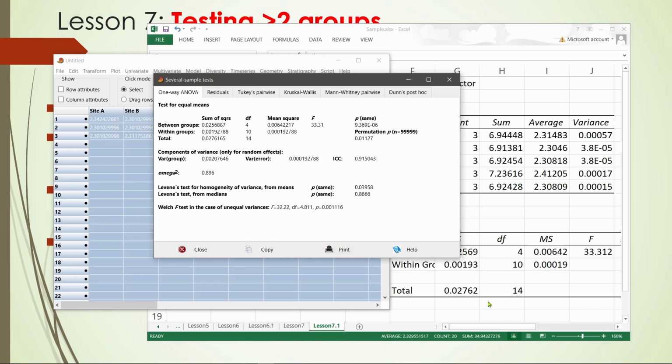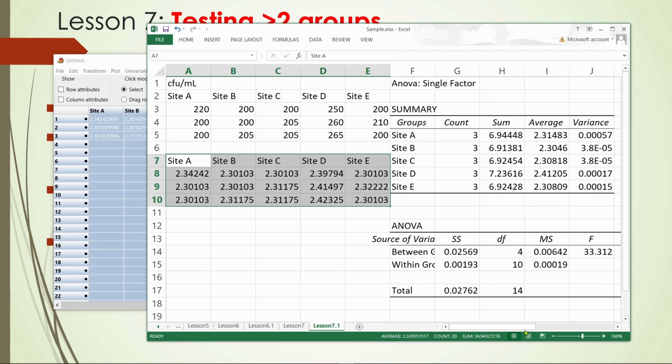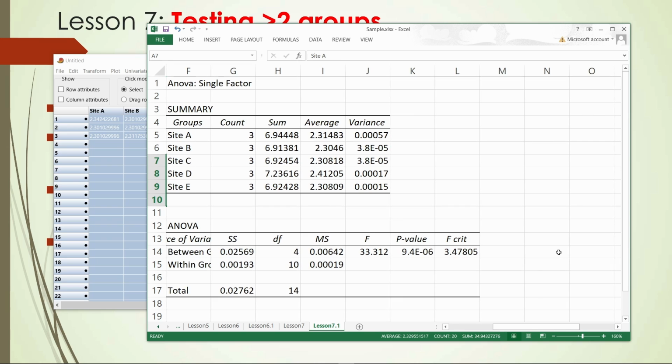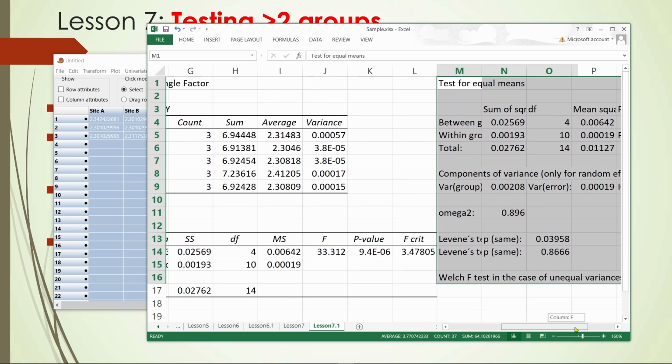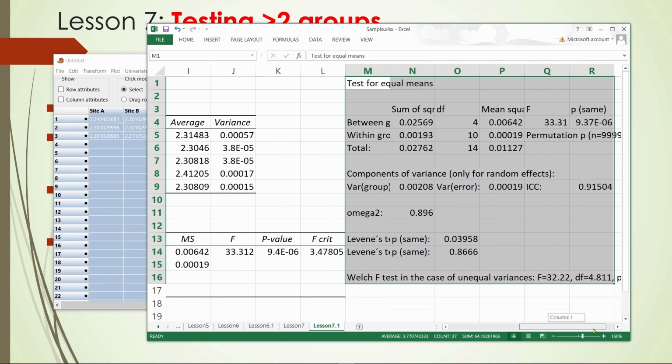So if we copy and we paste here for comparison, you can see that the F values are the same, the P values are also the same.